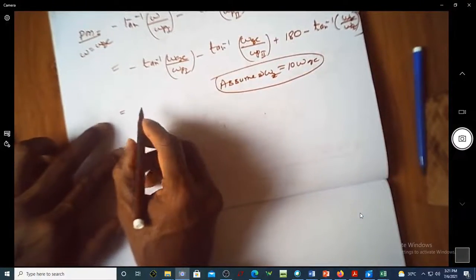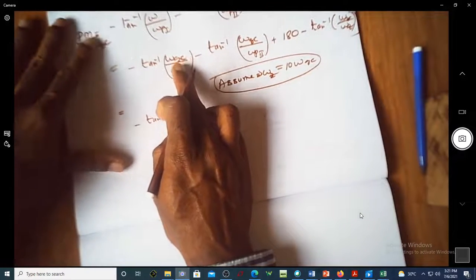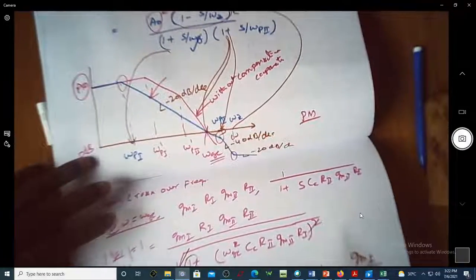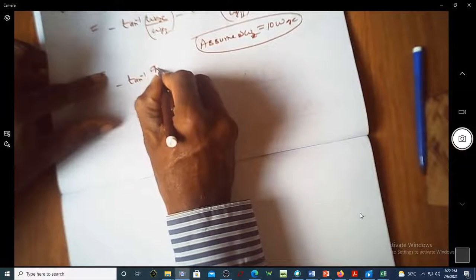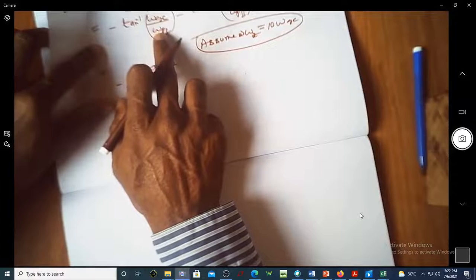So it is minus tan inverse of omega gc, and omega gc is GM1 by CC, times 1 over omega p1.